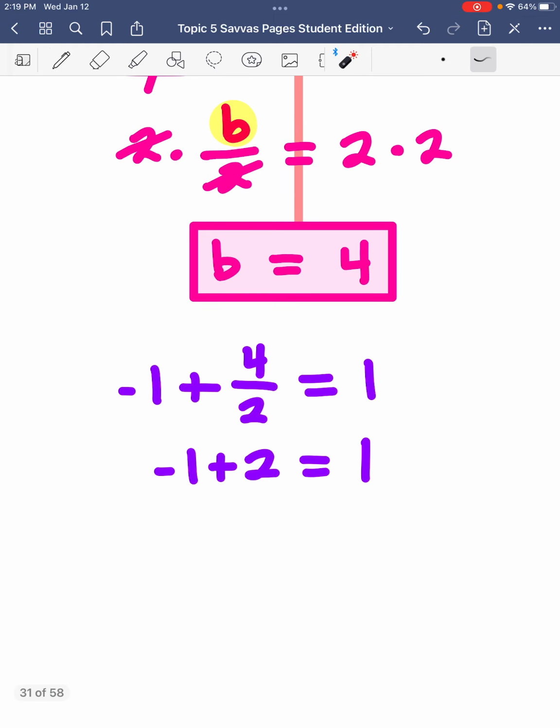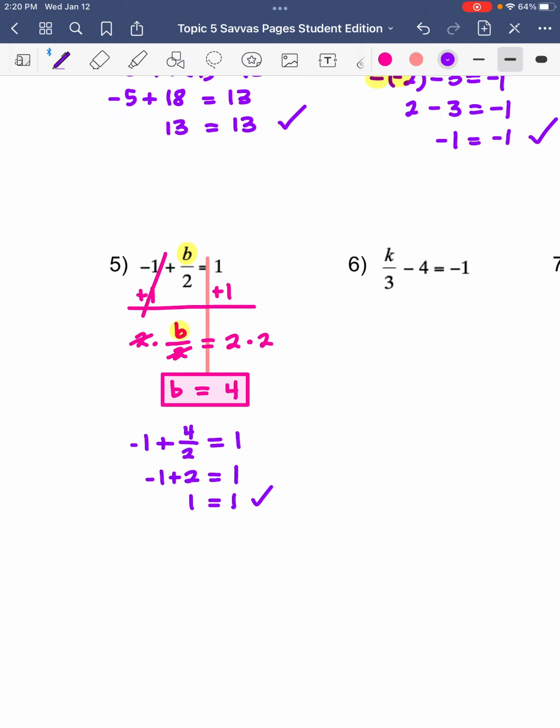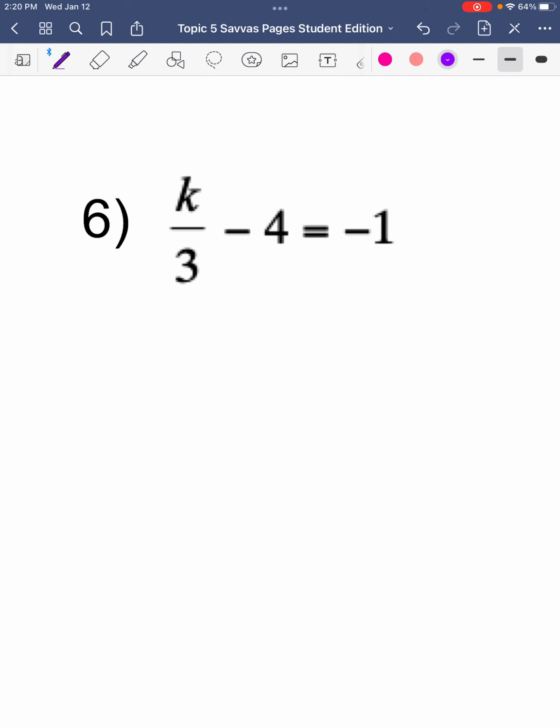So now, on this side right here, I have two integers that I'm adding together, and they have different signs. I'm really going to subtract. So 2 minus 1 is 1, and my bigger number was positive, so it stays positive. So 1 equals 1 is the same number on both sides, so I know that my answer is correct. Okay, let's look at number 6.